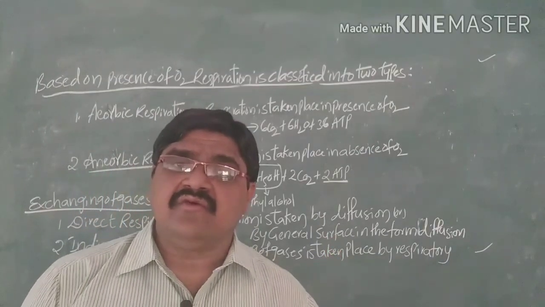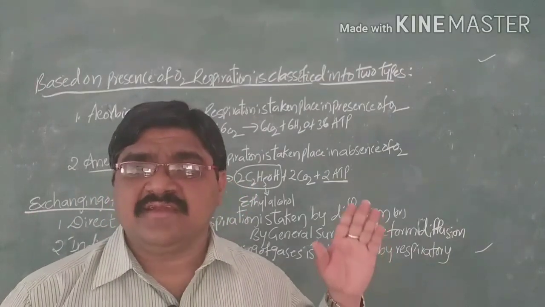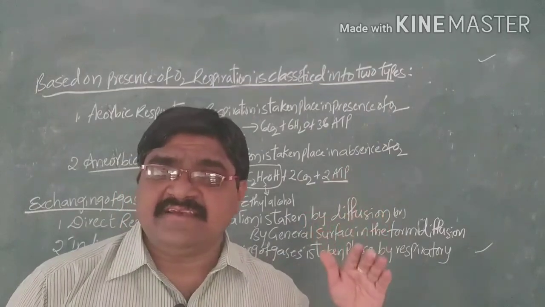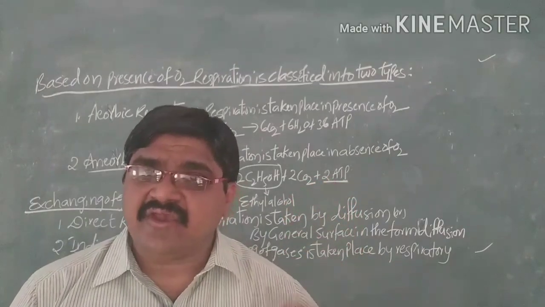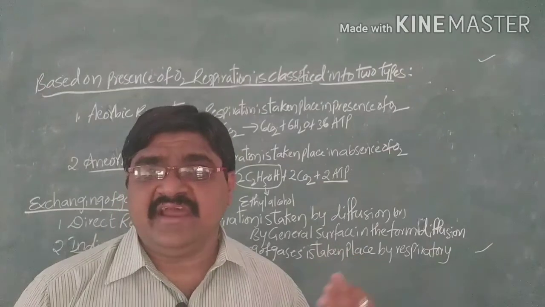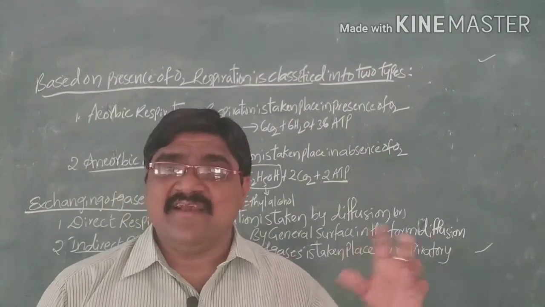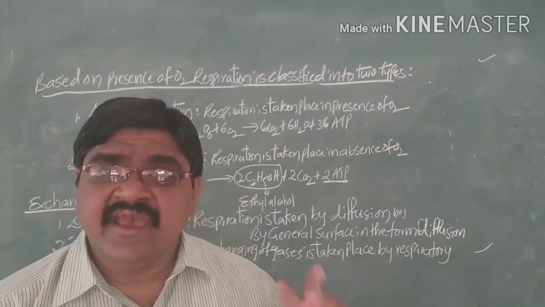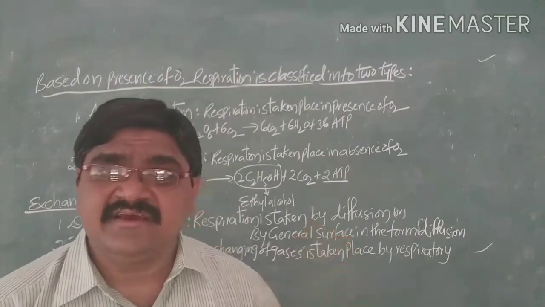Together we call them the respiratory system. The conducting zone passes the air, carbon dioxide or oxygen, from the nostrils to the bronchi. The lungs are the respiratory zone, where exchanging of gases takes place. That will be discussed in the next class.